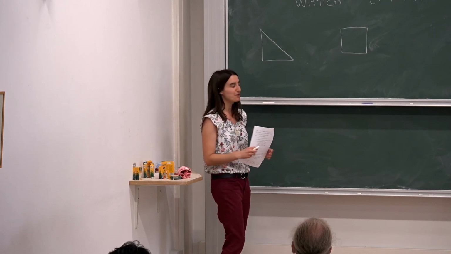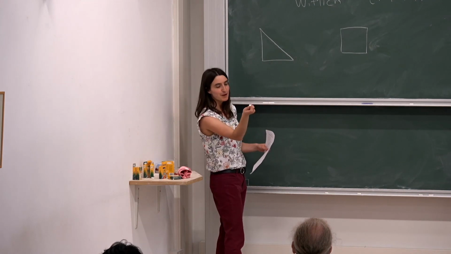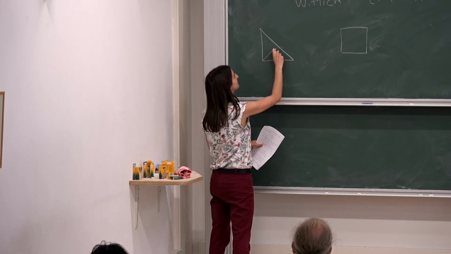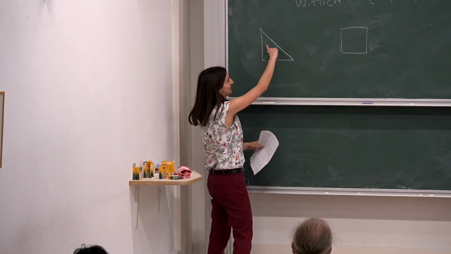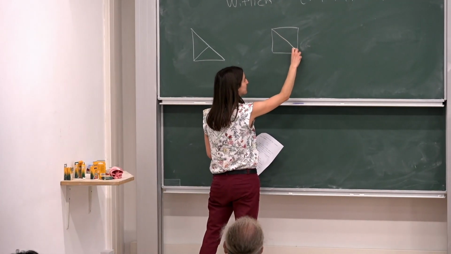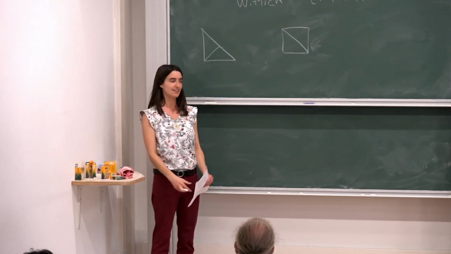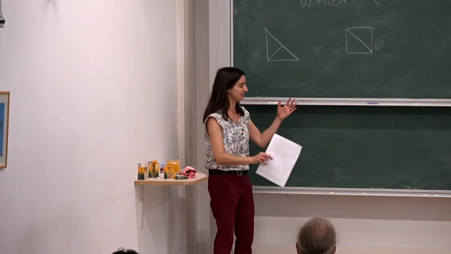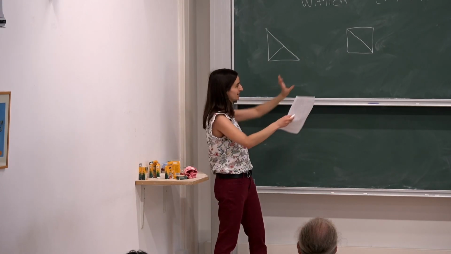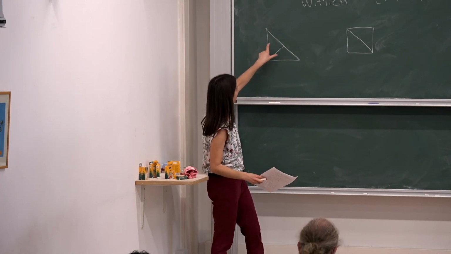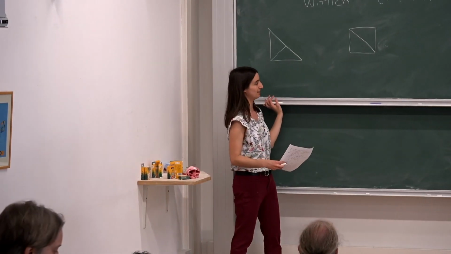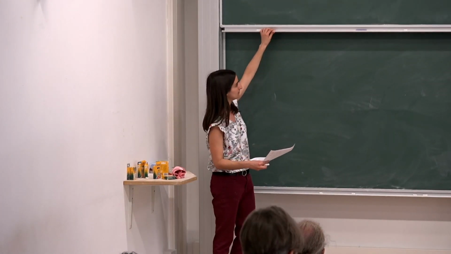The way we can see that these two things are scissors congruent is we cut this up into these two triangles and then assemble these two triangles into this square. These two are scissors congruent.